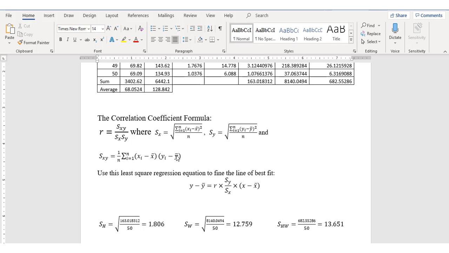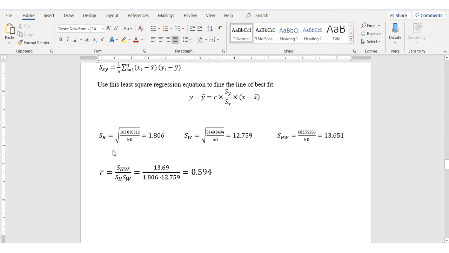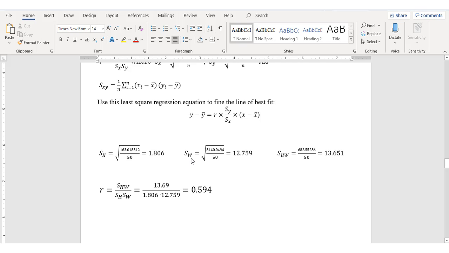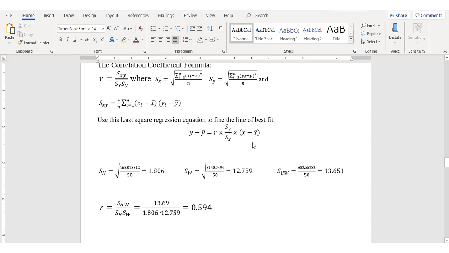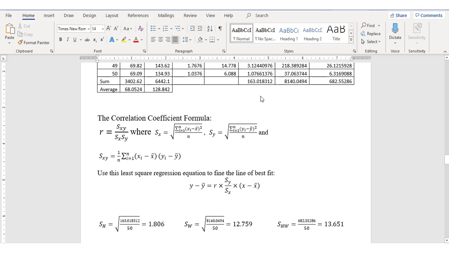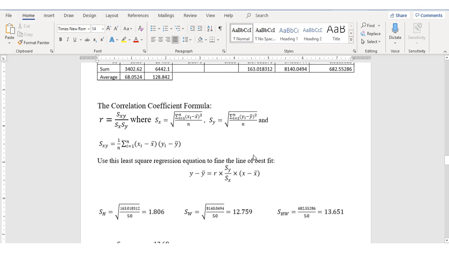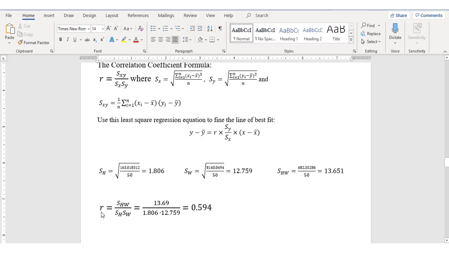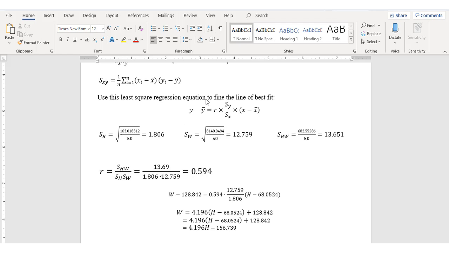Then do the square root, you will get this. So we will get S sub W and S sub HW using the formula given. Using these two numbers, then you plug into this correlation coefficient formula, you will get 0.594.